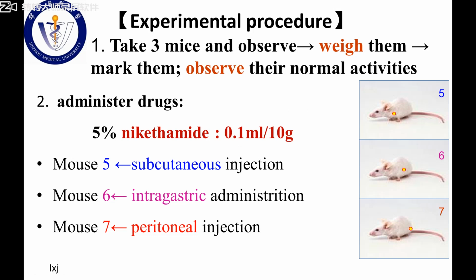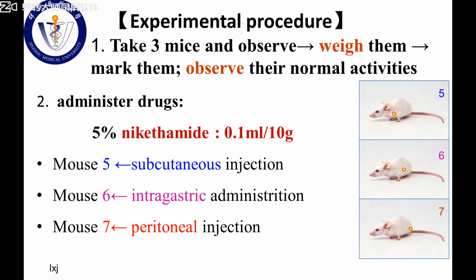For mouse number 5, you can administer nicotinamide by subcutaneous injection. For number 6, the route is intragastric administration. It is similar to oral administration for humans.